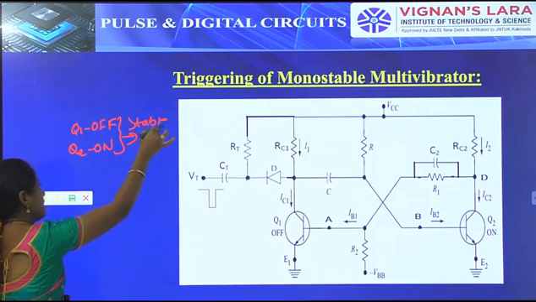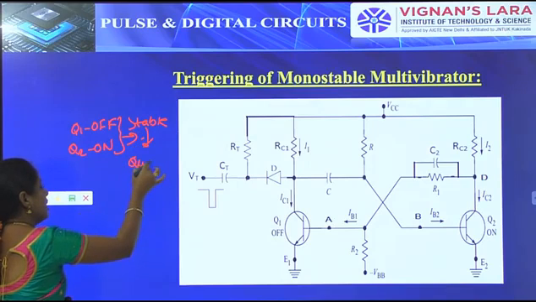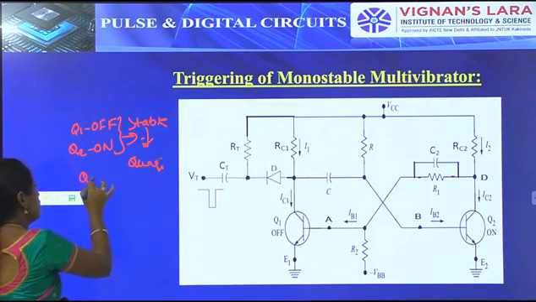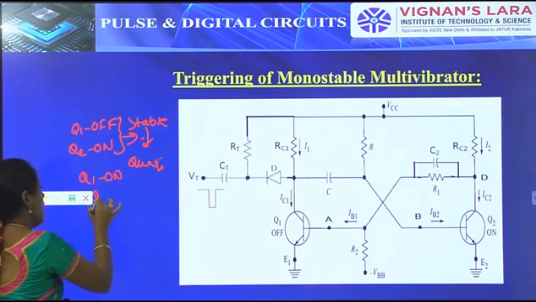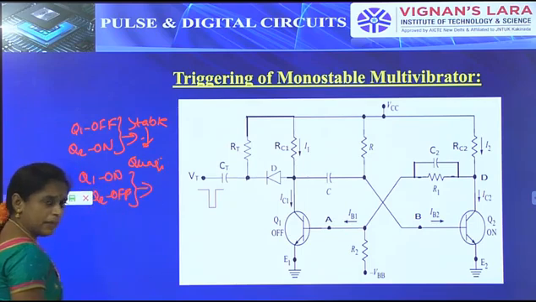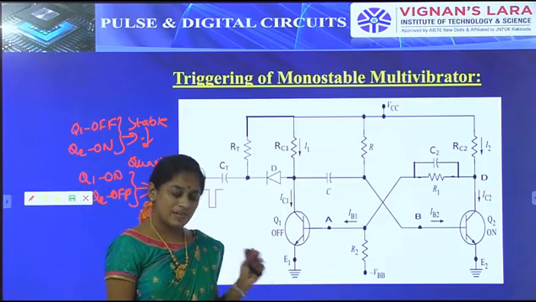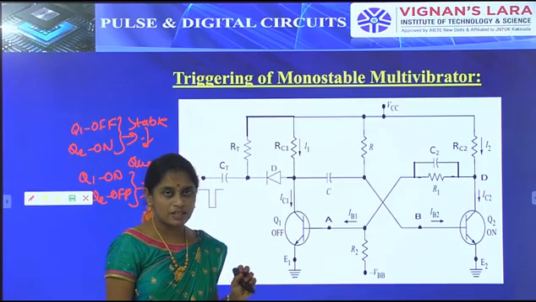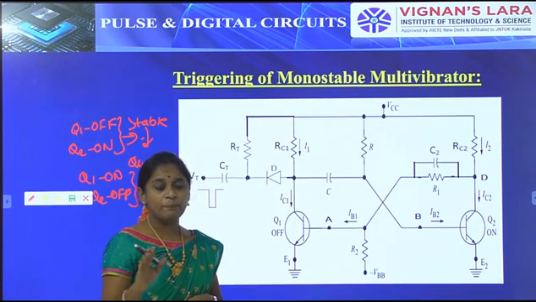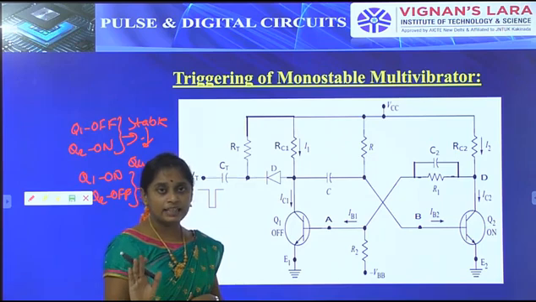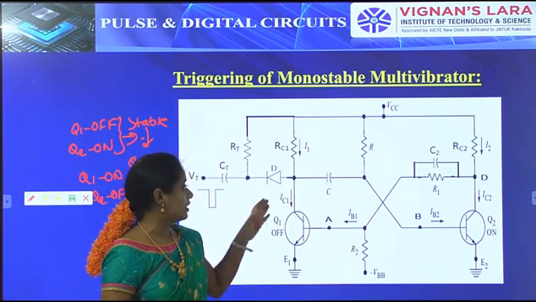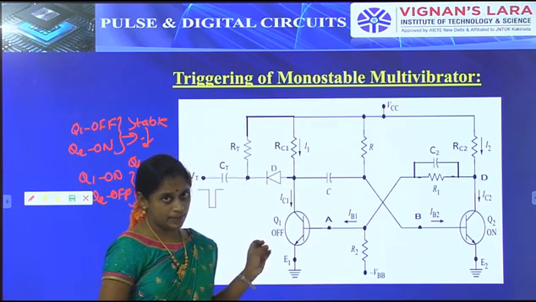I want to change this to the quasi-stable state, that is, Q1 goes to on condition and Q2 goes to off condition. What we have to do is simply apply a triggering pulse. That triggering pulse must be a negative triggering pulse, and this negative triggering pulse is applied at the Q1 collector terminal.